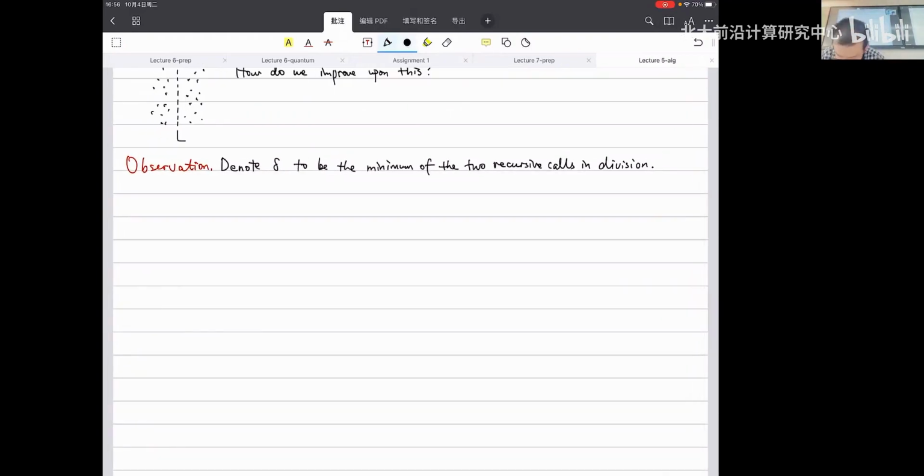Then you only need to consider those points within delta of line L. And I think we call this the delta strip.